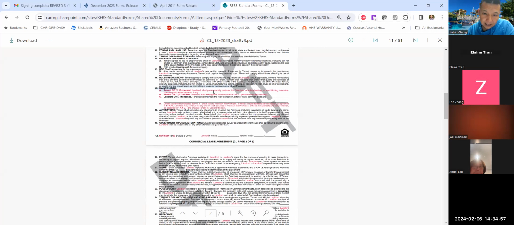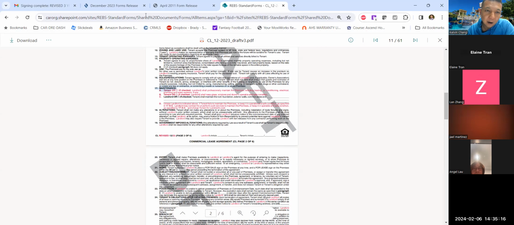The maintenance side: tenant shall professionally maintain the premises, including HVAC, electrical, plumbing, and water systems. I like the default language because once tenants take possession, they always complain, oh, the HVAC isn't working.